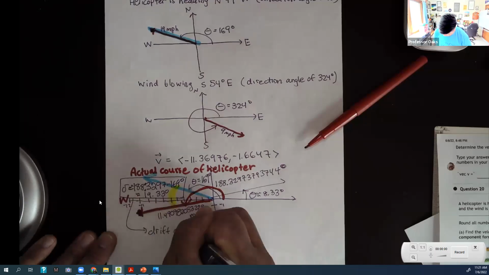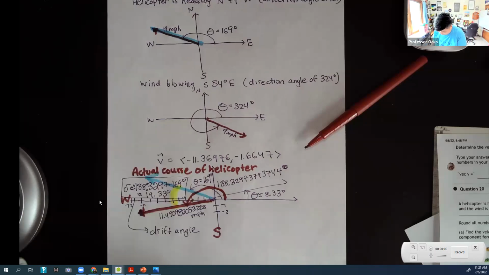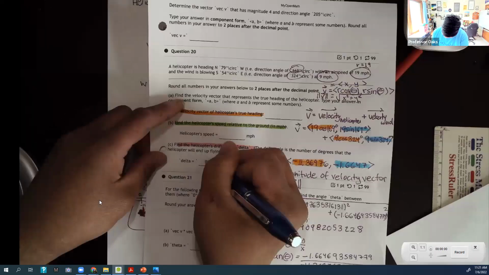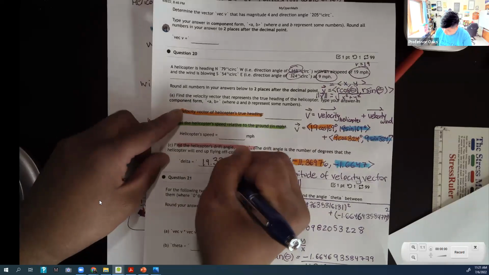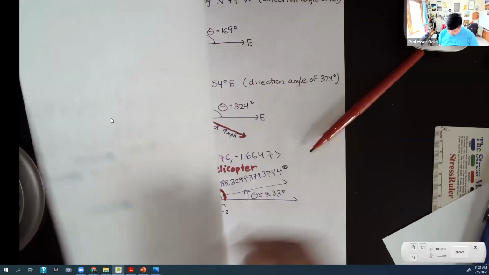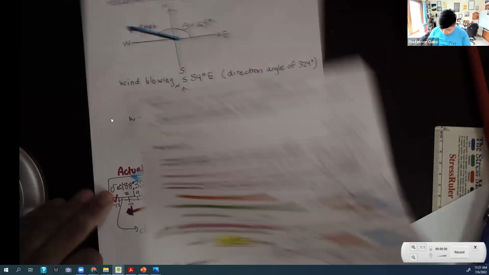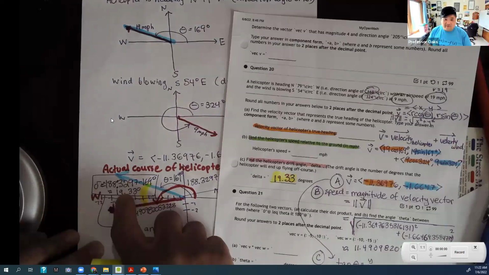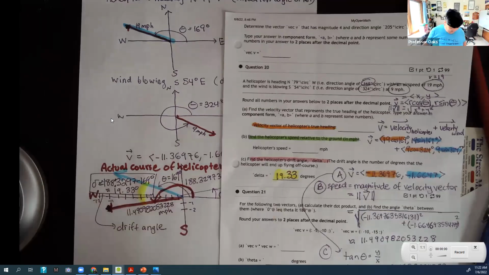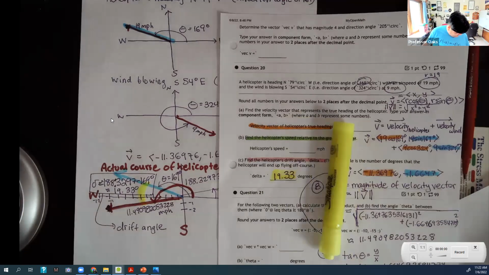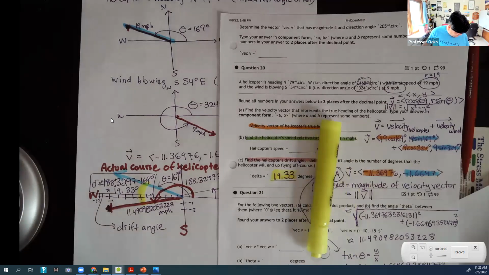So your answer for that drift angle then would be delta is 19.33. I'm only pointing this out because if you got that far and then you forgot to subtract them, then I just don't know what to say at that point.